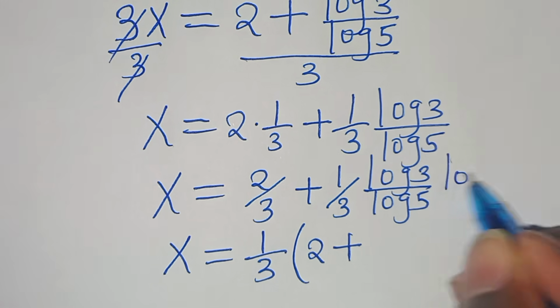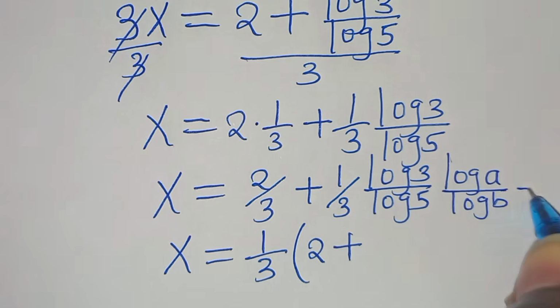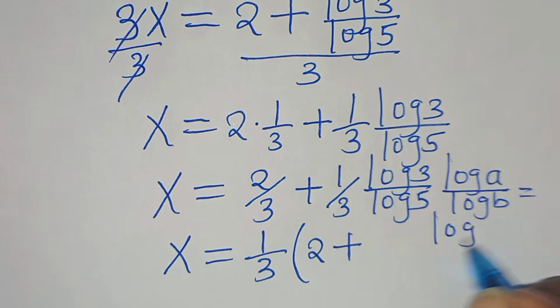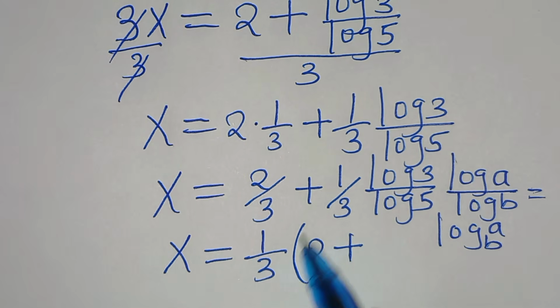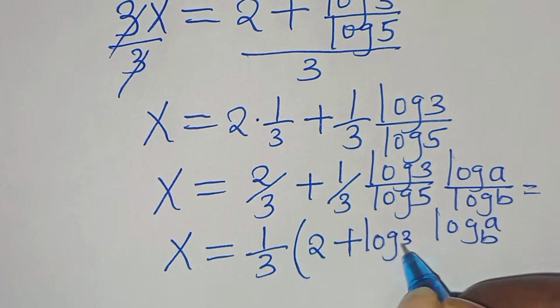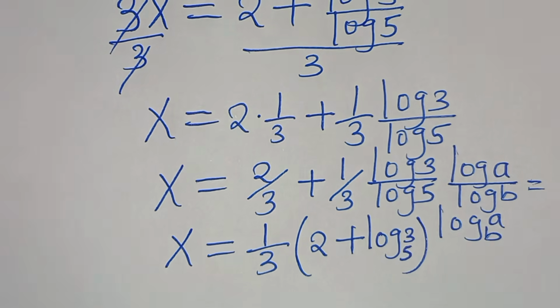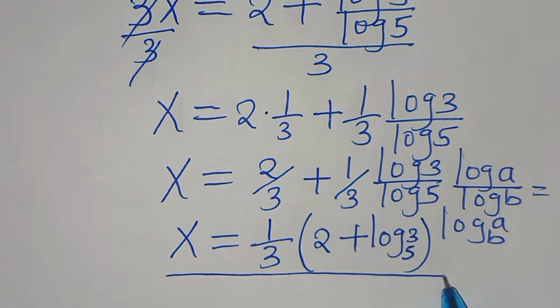This again is in the form of log a divided by log b, which essentially we can express as log a to base b. So here we have a third into the parentheses, 2 plus log 3 to base 5. So this is the value of x.